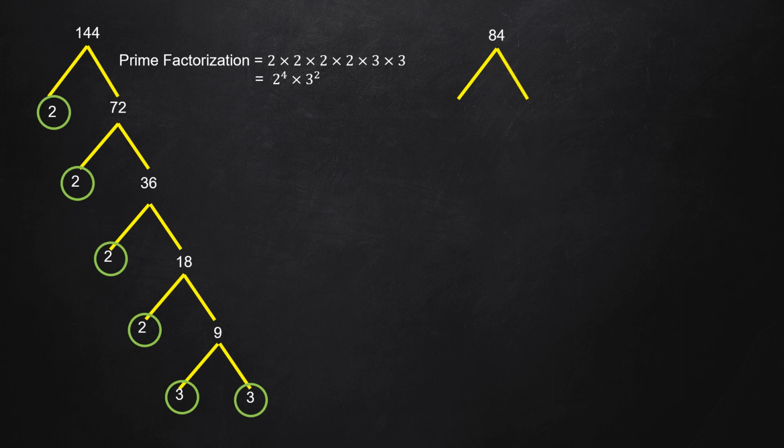The same way, I'll divide it from the smallest prime factor, which is 2, and the result is 42. Again, divided by 2 equals 21, and last, divided by 3 equals 7. I stop at 7 because 7 is a prime number, and I circle all the prime numbers.